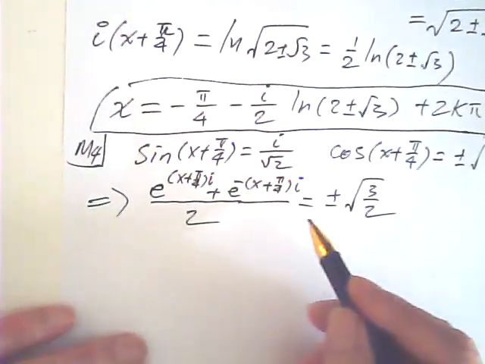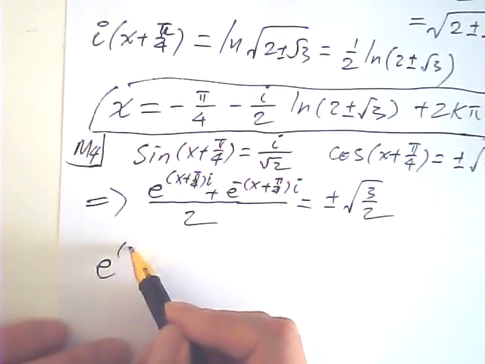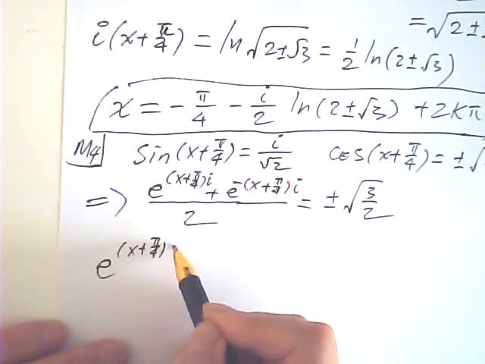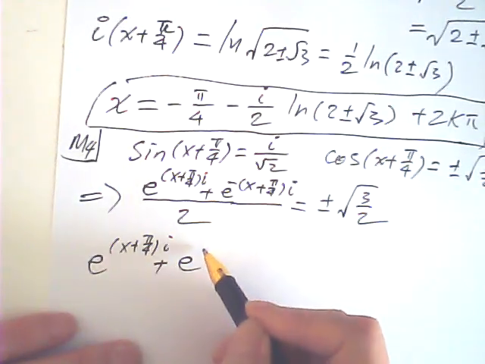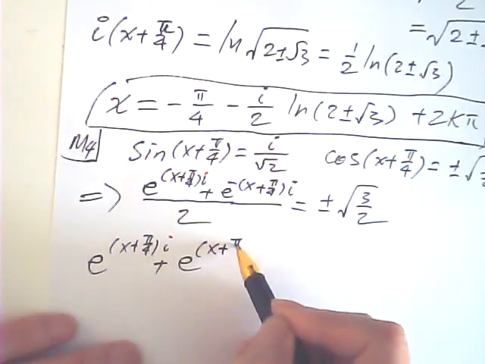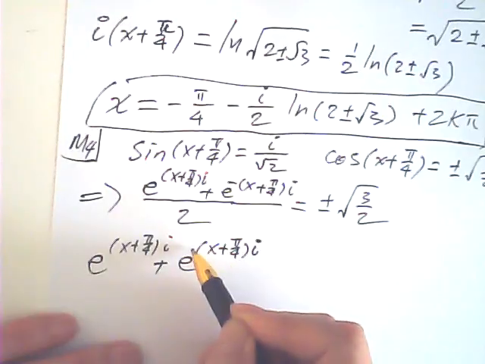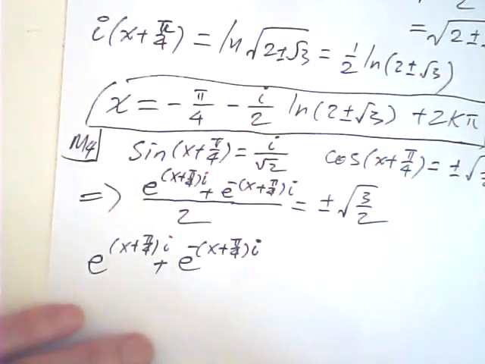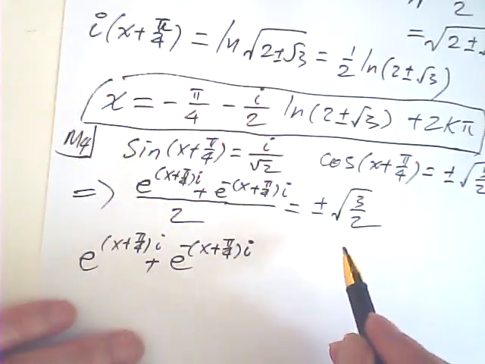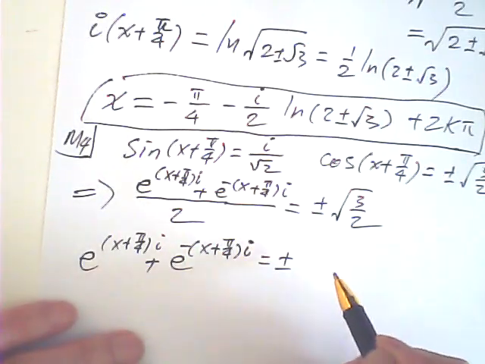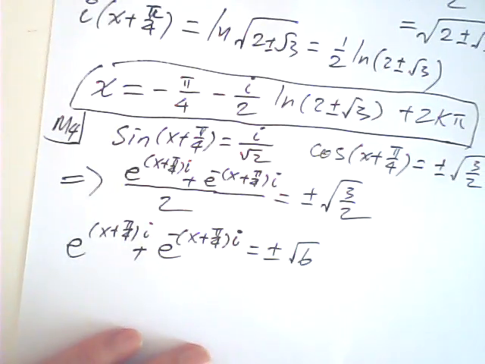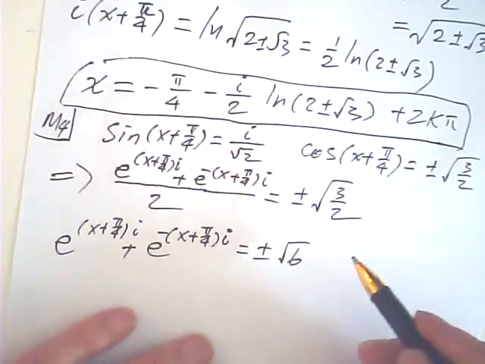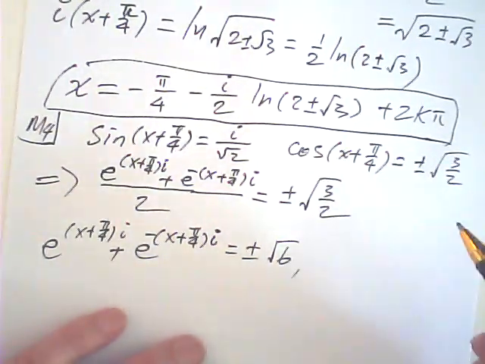Well, which means that e to the x plus quarter pi i, minus, sorry, plus e to the negative x plus quarter pi i, is equal to plus or minus root 6, isn't it? So I have an equation.